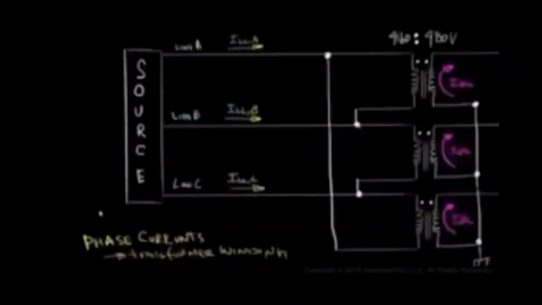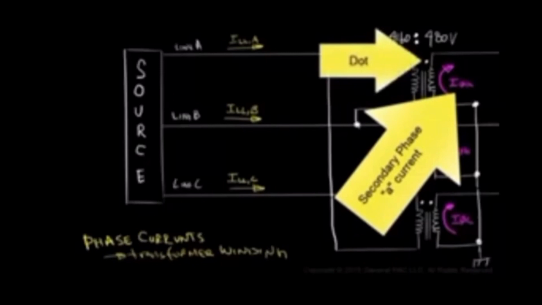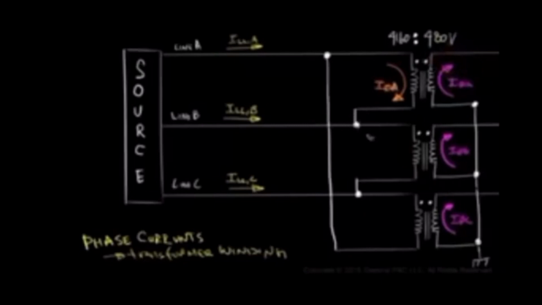Since phase current flows in transformer windings, the delta transformer connection is no exception. Let's begin with winding A. Since we know the secondary phase A current flows out of the dot on the secondary side, that simply means the primary phase A current flows into the dot of the primary. So primary phase current will flow into the dot, and the secondary phase current will flow out of the dot.